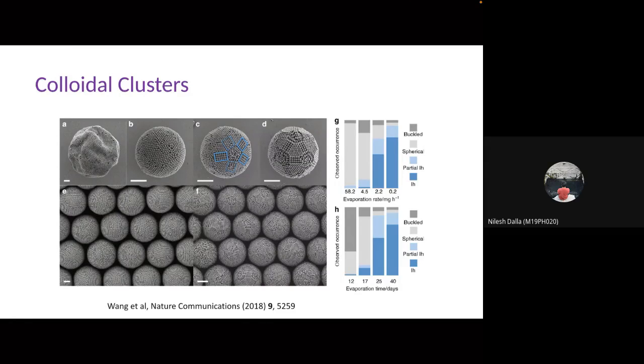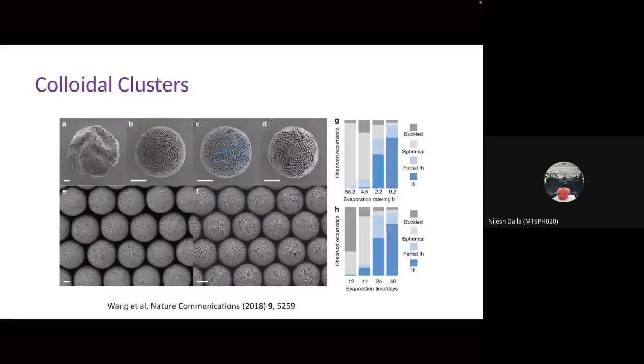Colloidal means, typically, let's say you take a cluster. You can take a gold or silver nanocluster or nanoparticle, and then you stabilize them in some way. You put some ligands on it, or you stabilize by charges.